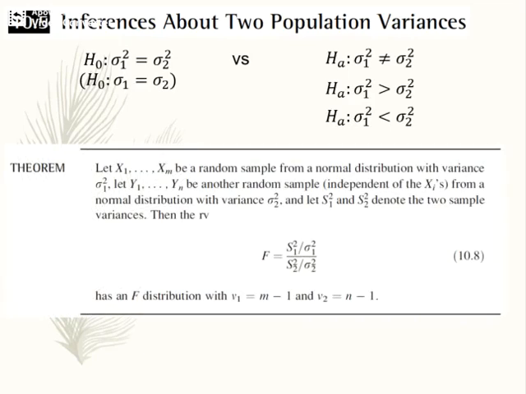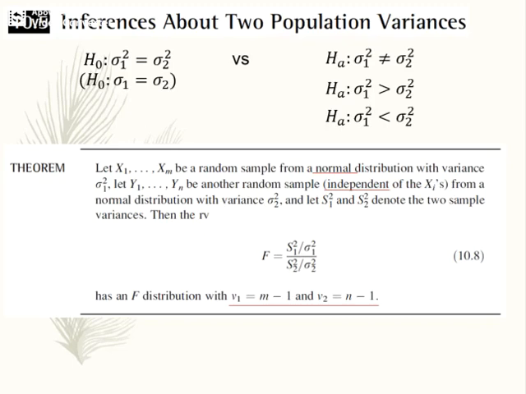If you go back to chapter 6, this theorem is given. They tell you that if you have two samples, x1 up to xm and y1 up to yn, such that both of them follow normal distributions and they're independent of each other, then you have an F distribution if you calculate this function here, and it's going to have m minus 1 and n minus 1 degrees of freedom.